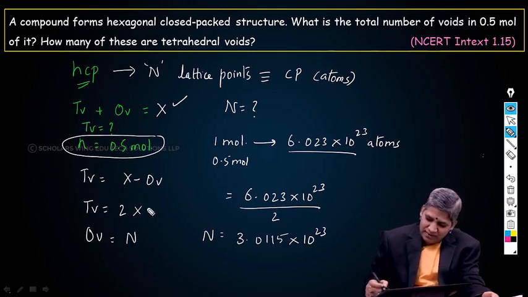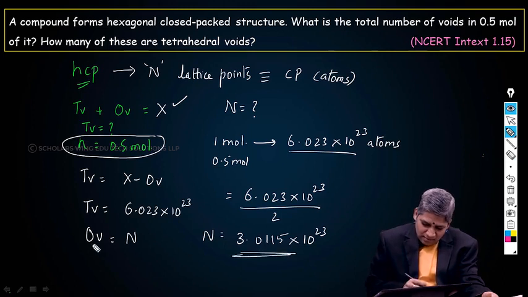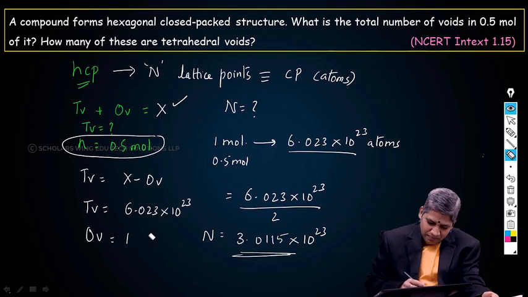So we'll write TV directly as Avogadro number, 6.023 into 10 power 23, and this is n. What is n? OV also. So substitute the value of n here, which is 3.0115 into 10 power 23.